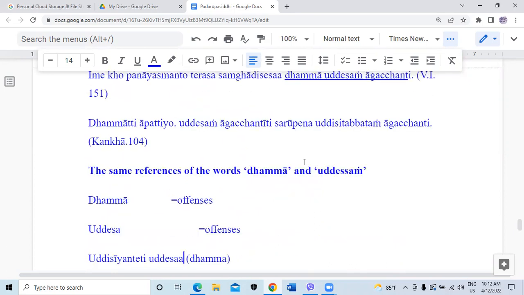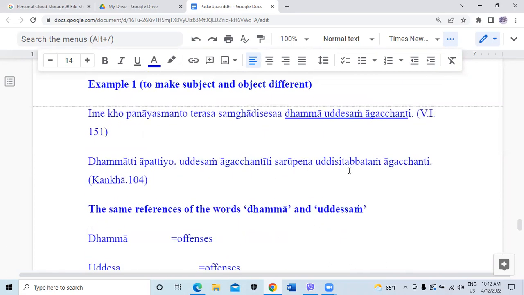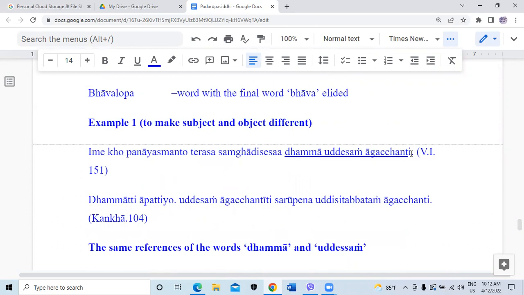Okay. So here in the original sentence, we have Odisha instead of Odissi.